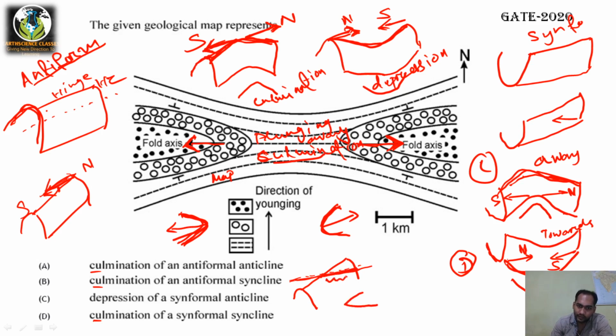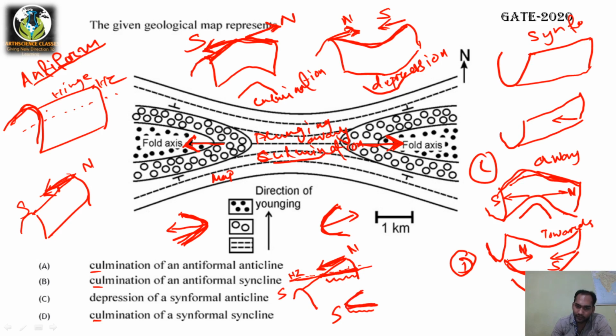This part I have plotted here, right? This is the horizontal plane. This is an antiform which is plunging in this direction. Let's say this is south and this is north. So it is plunging towards south. So it is closing towards south. This closing is also towards south.